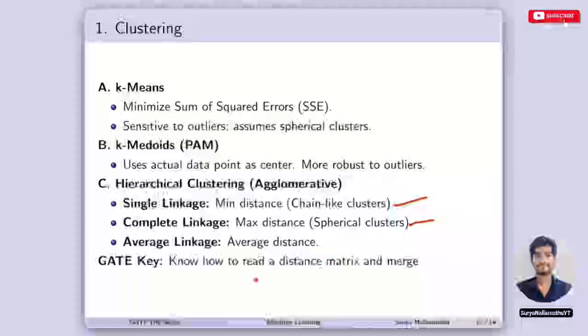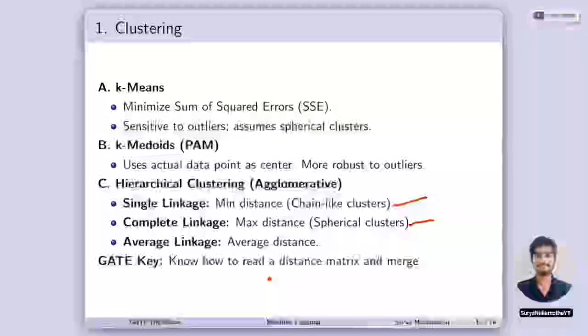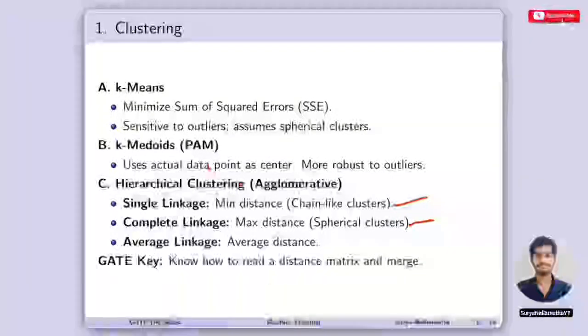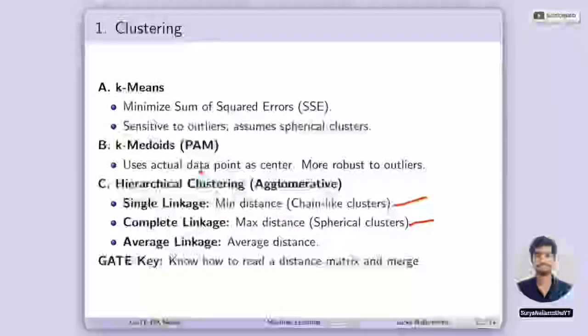The key is to know how to read a distance matrix and match. It means we need to read the distance matrix and match them. Say we have 10 data points, and 4 are in one region and the remaining are in another region. We need to group the 4 as a separate cluster and the remaining into another separate cluster. That is nothing but clustering. These are the different clustering methods we have.